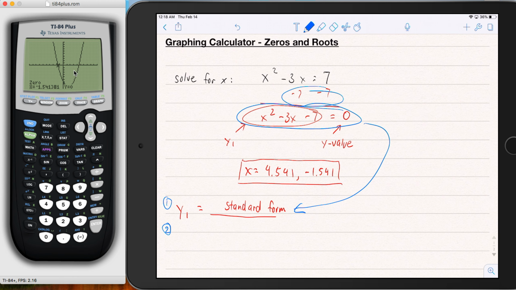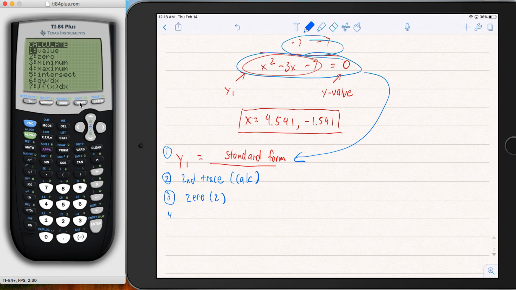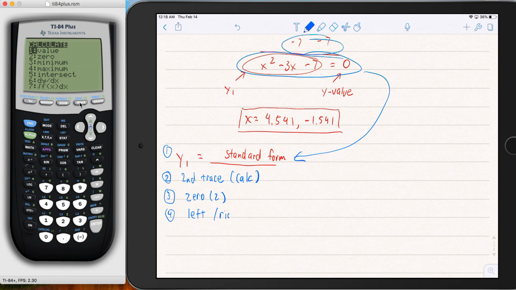Step 2, you do second trace, which is the calc feature. And then step 3, you press 0, which is the second option. And then it's going to ask you a series of questions, the left bound, the right bound, and the guess, and that should give you 1 zero or root.